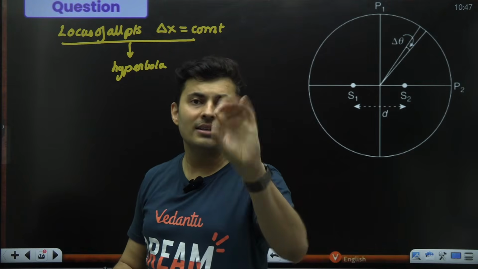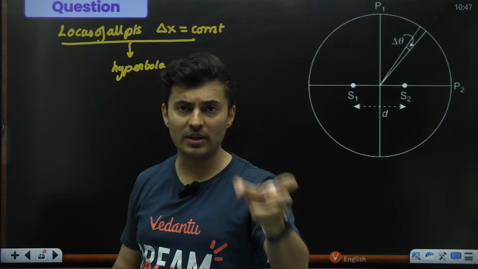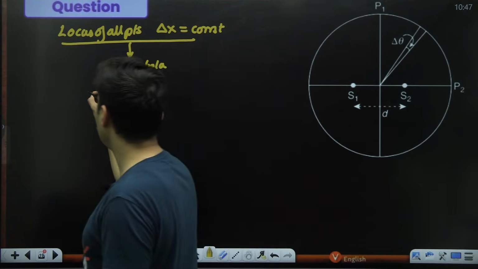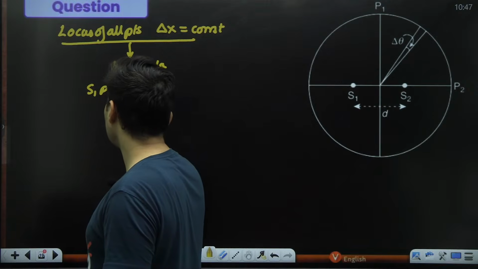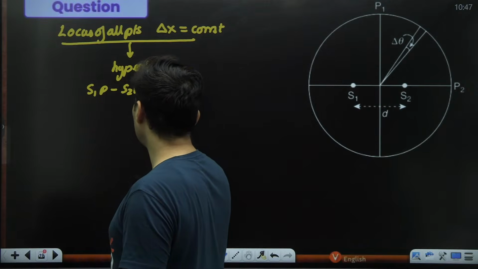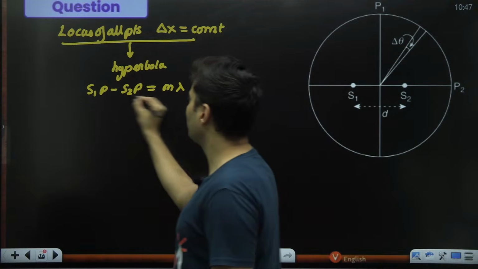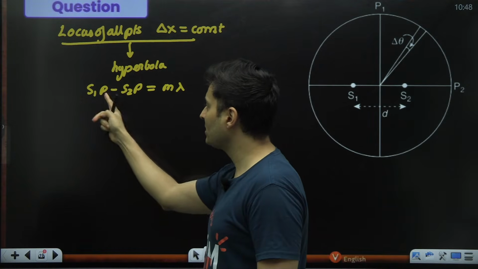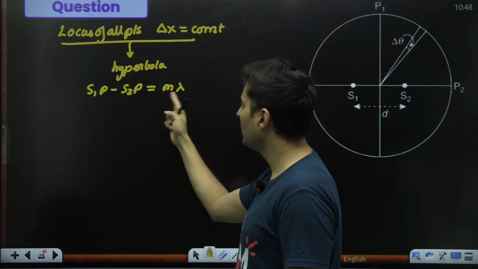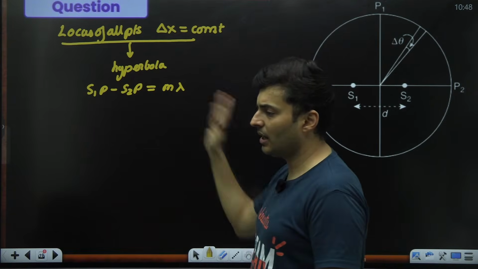The difference of the distances from two fixed points, if it is constant, is called a hyperbola. S1P minus S2P is equal to m times lambda. If this difference of distances between two fixed points is constant, then it is basically a hyperbola.